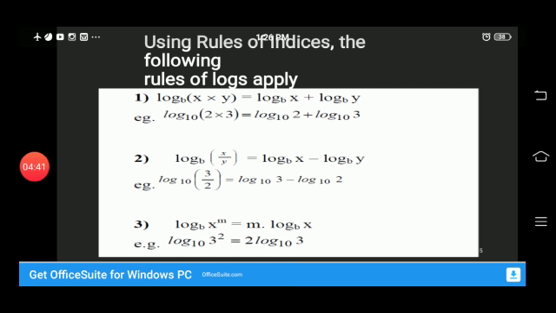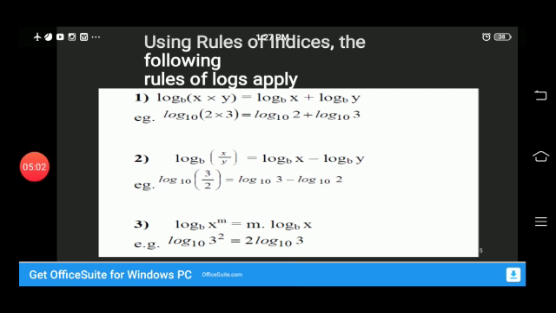Afterwards, log of x raised to power m. Whenever a variable or any number comes in the power inside a log, what will we do? When we take the log, that power will multiply with the log.